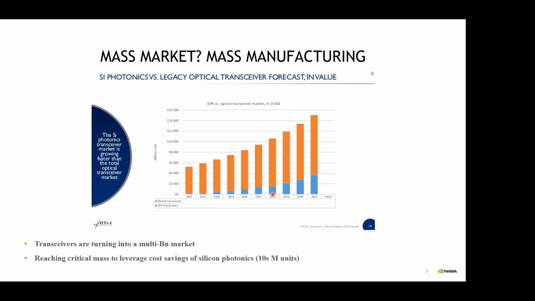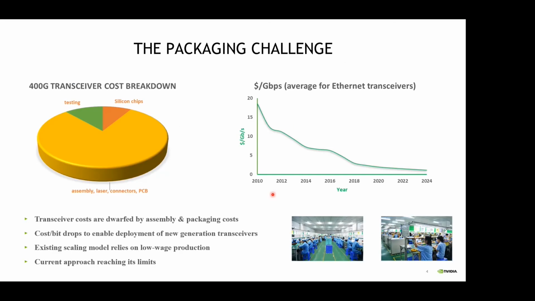Of course, it comes with a price. The price of this technology, I think this describes it best, is that the assembly and all the surrounding for the laser and connectors are a huge portion of the cost of the transceiver.